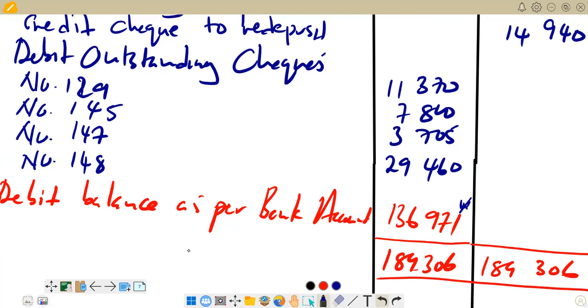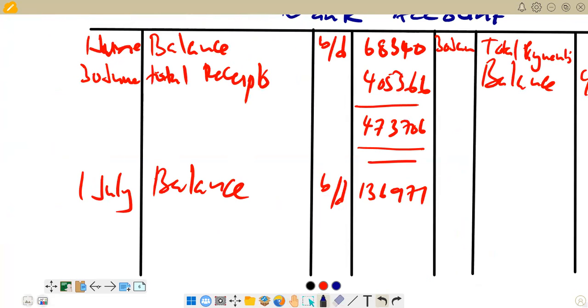So this is the same balance that we got in the general ledger, in the bank account. We can go and recheck. This is the figure that we have, 136,971, and then we go and check on the bank account in the ledger. This is the figure that we got also. So it means we've reconciled correctly.